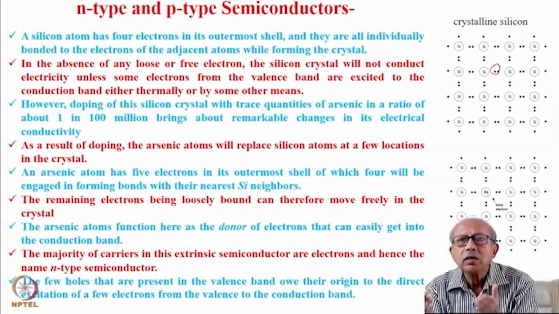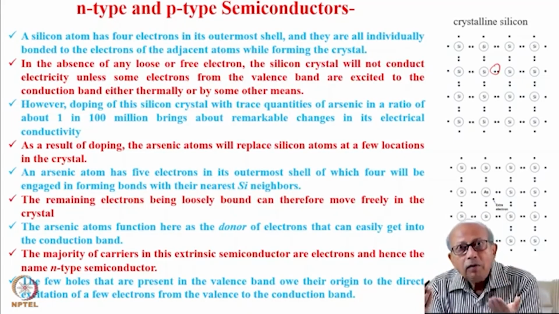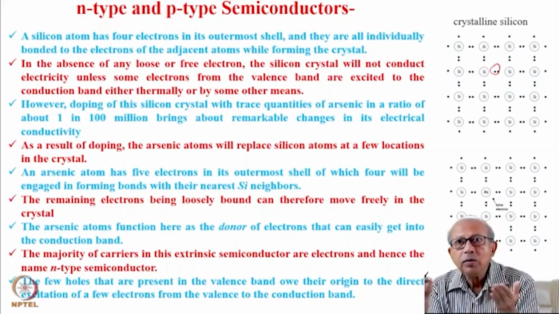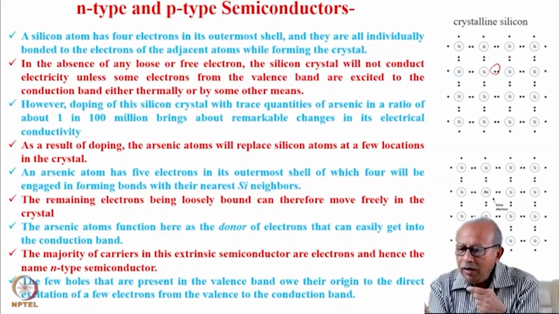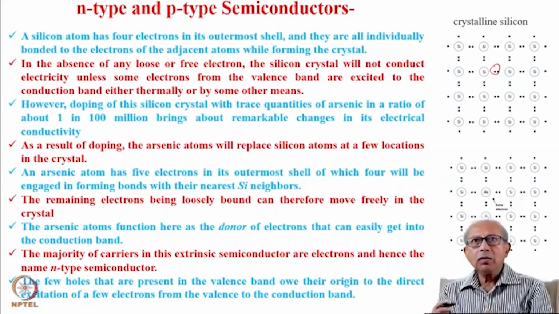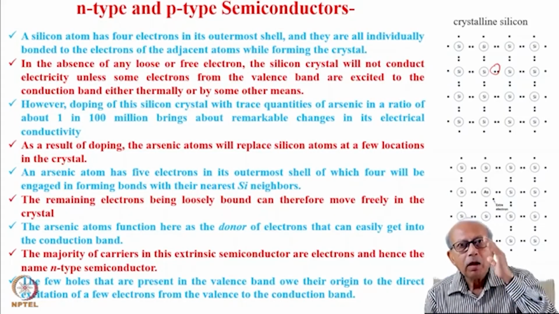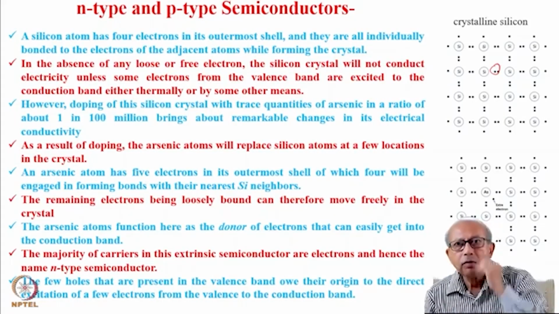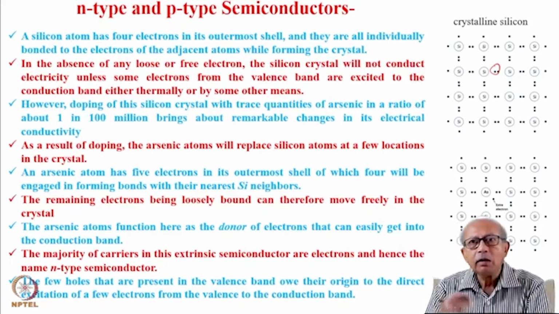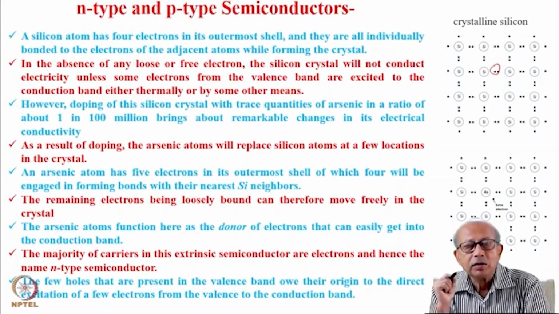However, in an intrinsic semiconductor, even little thermal energy, which is omnipresent, can result in one of these electrons crossing over to the conduction band from the valence band and conducting. This is the intrinsic semiconductor.